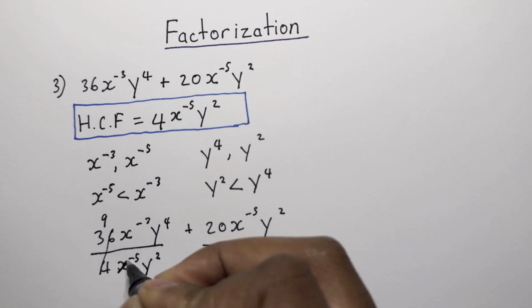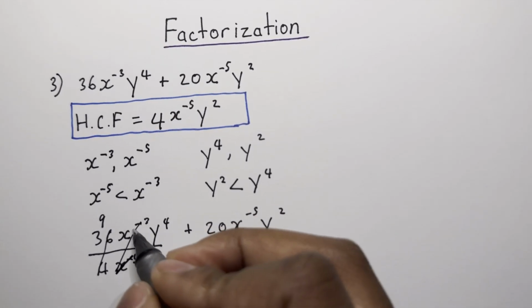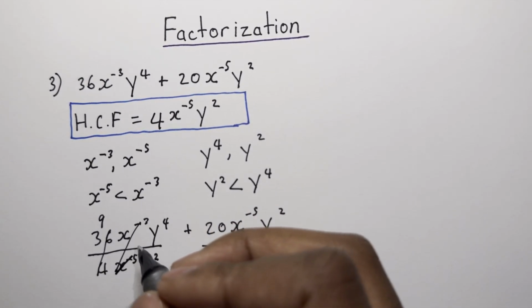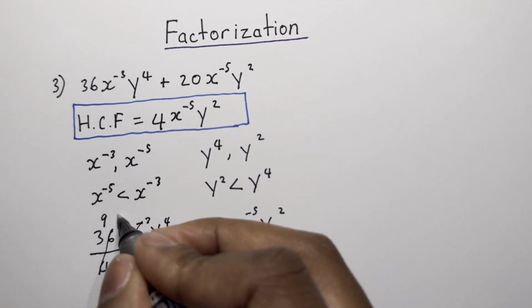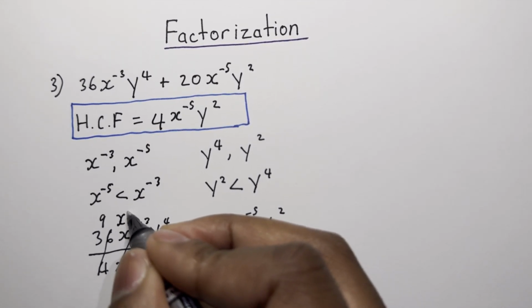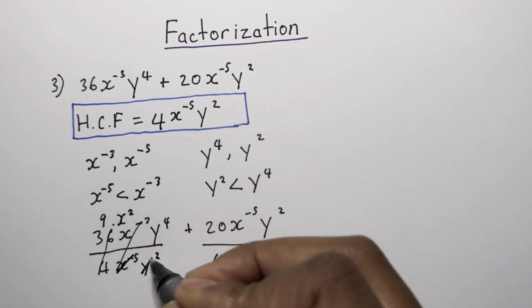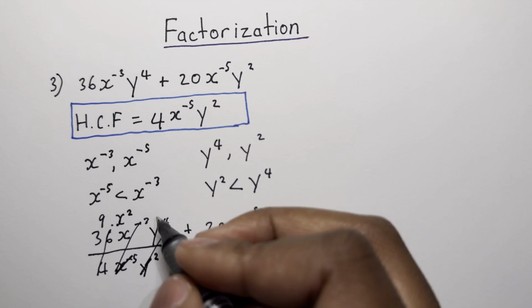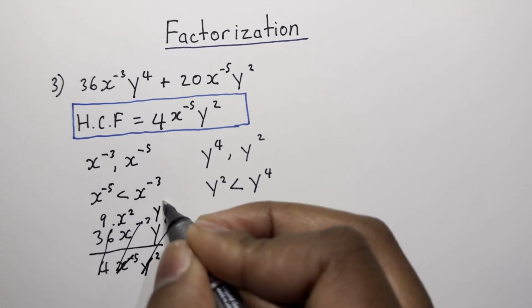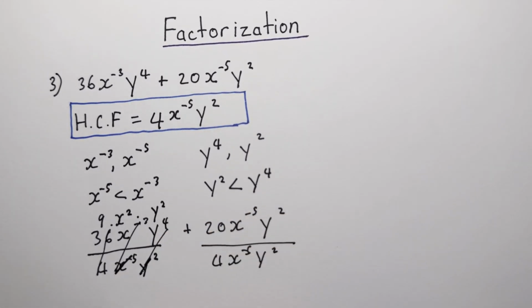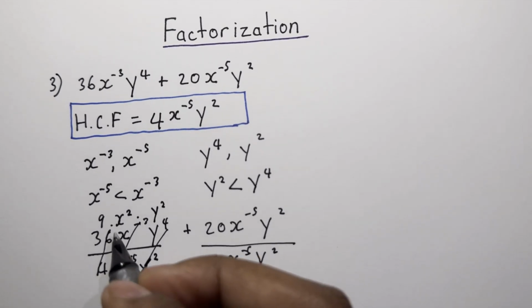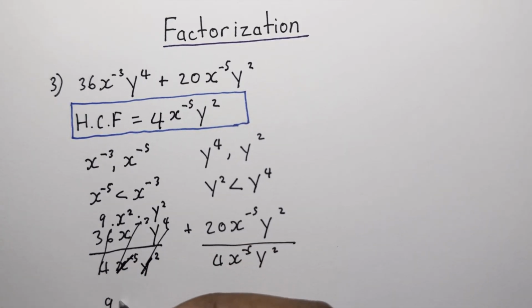X to the negative 5 into x to the negative 3 gives us x squared. Y squared into y to the 4th power gives us y squared. So 9 times x squared times y squared.